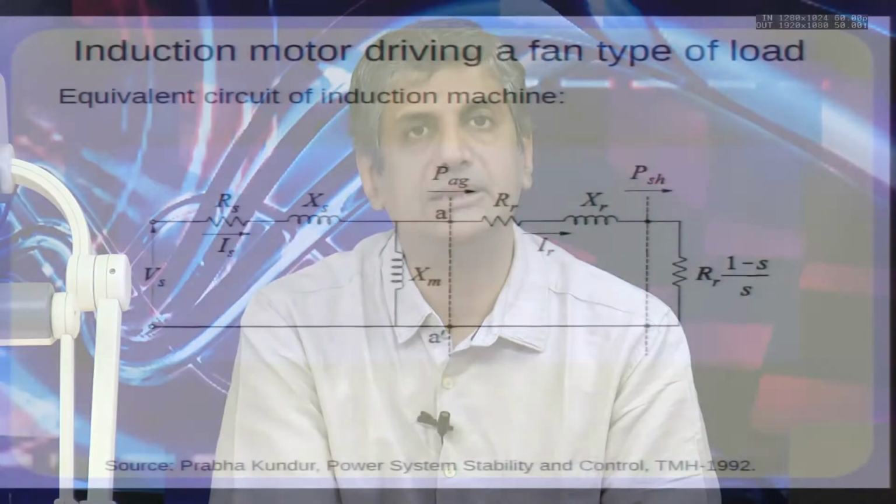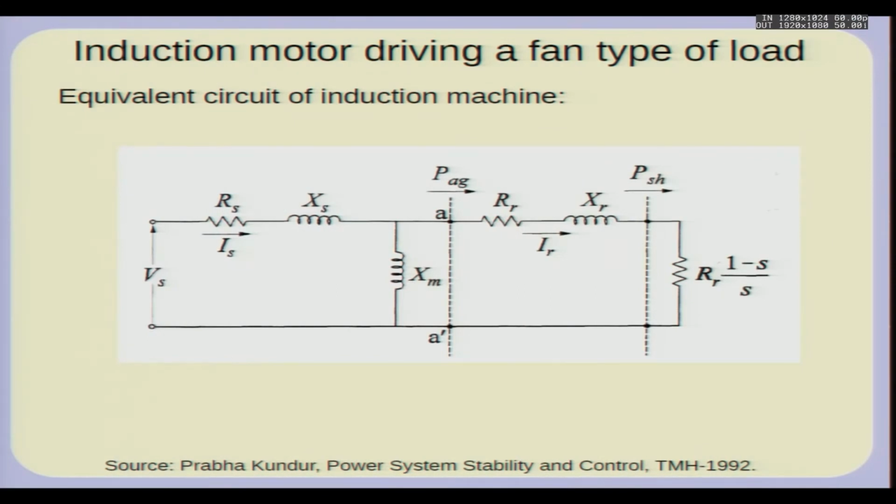Now, if you look at an induction motor, you are well aware of its equivalent circuit, which we will not discuss here. There are many good books on induction motor theory. You can directly work with the equivalent circuit of the motor. It consists of the stator resistance, the stator leakage reactance, the magnetizing reactance, the rotor resistance referred to the stator, and the leakage reactance of the rotor referred to the stator.